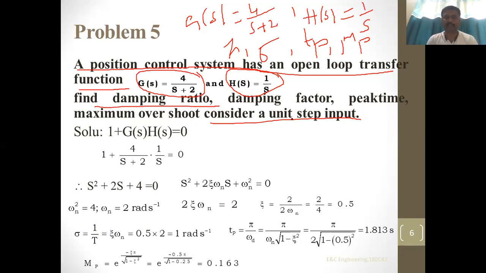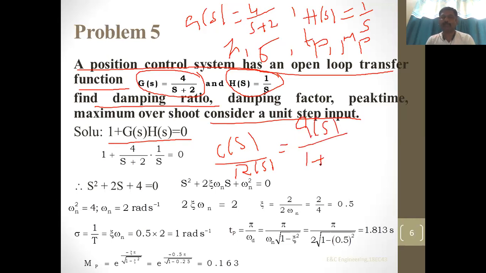Now you can evaluate this in two ways. First, you can find C(s) by R(s), which we evaluated in the previous problem. Or directly you can go for the transfer function, 1 plus G(s) H(s), or the overall transfer function G(s) divided by 1 plus G(s) H(s).